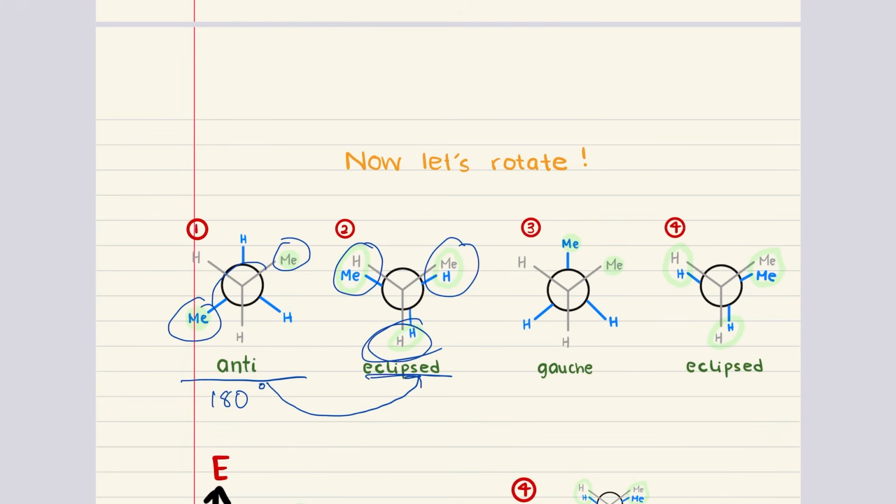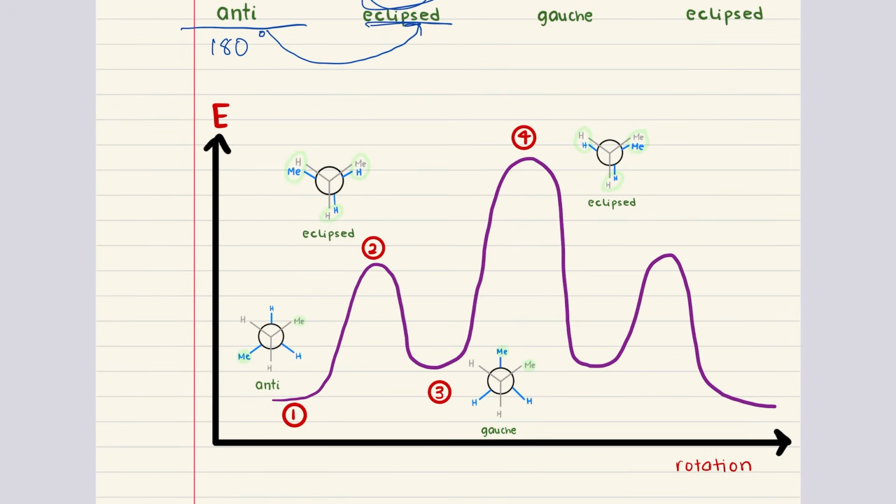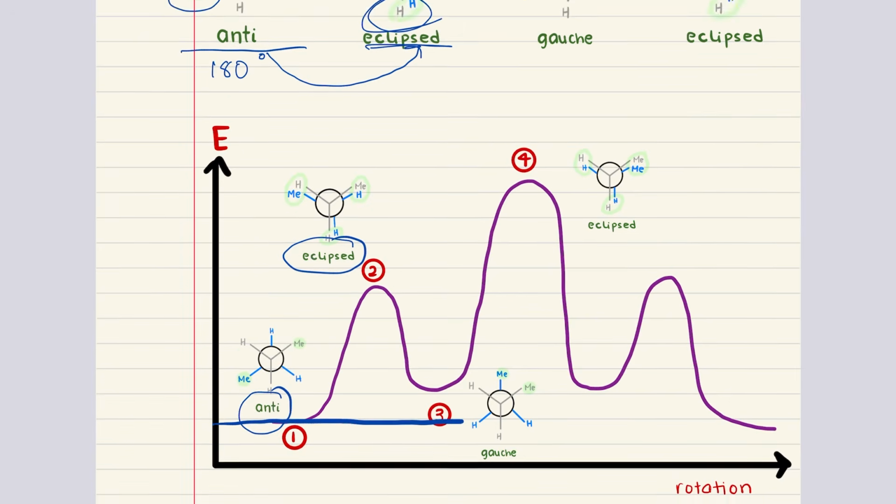In this conformation, the dihedral angle is 120 degrees, and the repulsion between overlapping bonds introduces torsional strain, and that raises the molecule's energy. So looking at our energy versus rotation plot, you notice that the eclipsed conformation is higher in energy than the anti-conformation, and you also notice that the anti-conformation is the lowest energy conformation.